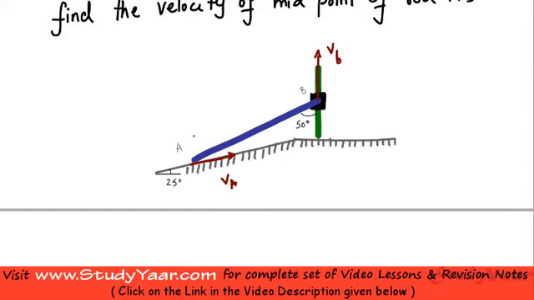Simply draw perpendiculars to VA at point A and VB at point B. So let's just say this is my perpendicular, and over here my perpendicular is going to be like this. So this is my instantaneous center of zero velocity. I have to actually locate where this is.